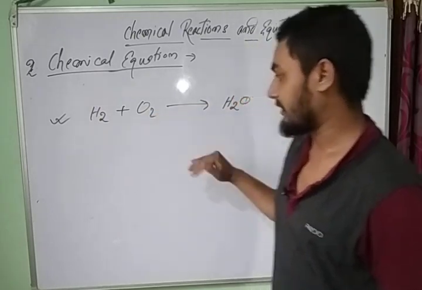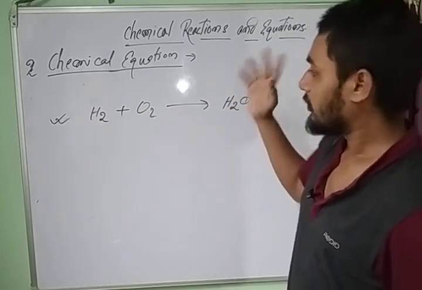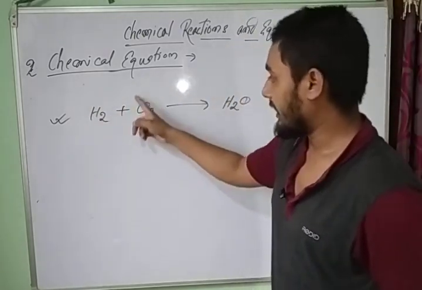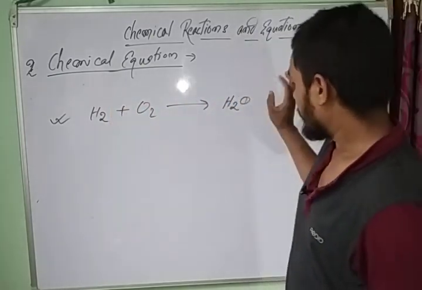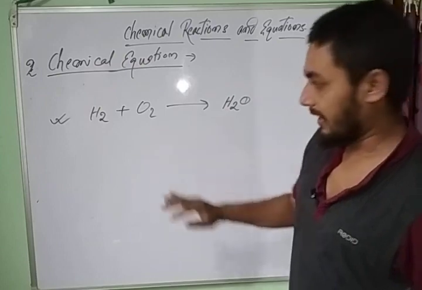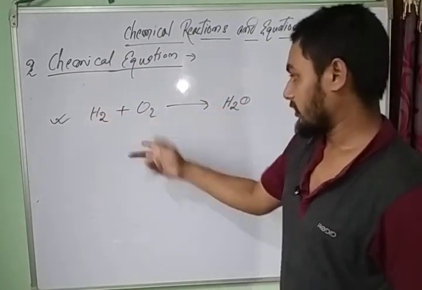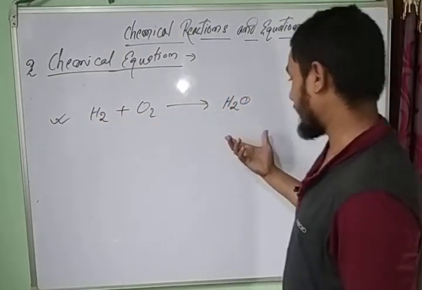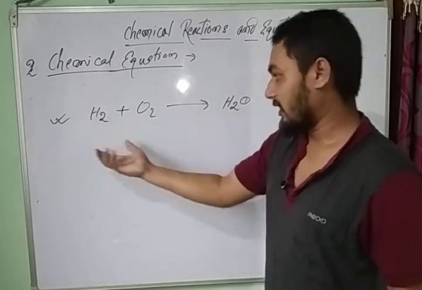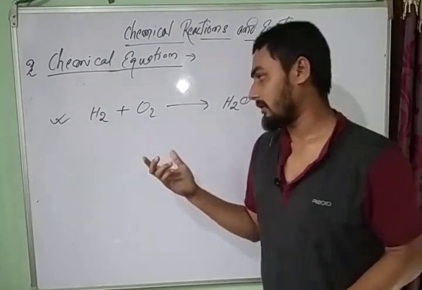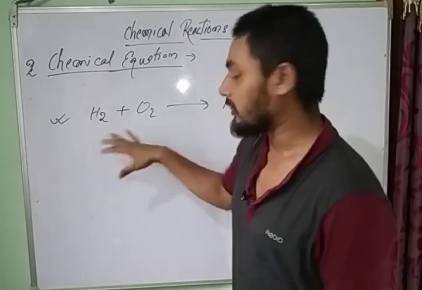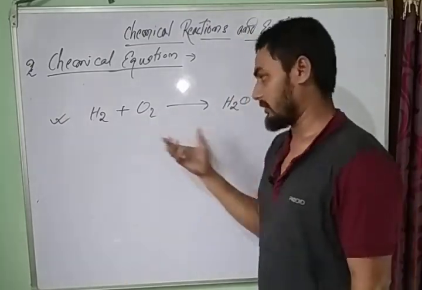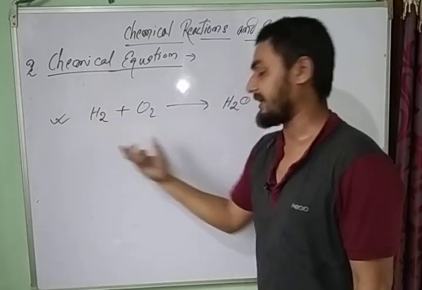So this type of chemical equation, where only the chemical formula is mentioned but no physical state is mentioned, and the number of atoms in the reactant side and the product side is not equal. If the number of atoms is not equal on both sides, then obviously the molecular mass will also not be equal in the reactant and the product side.